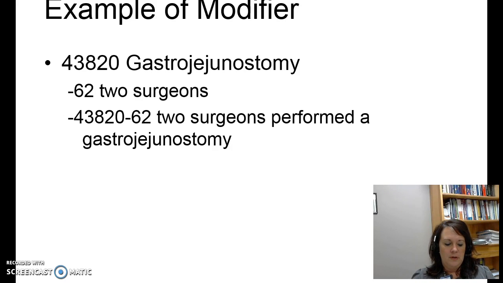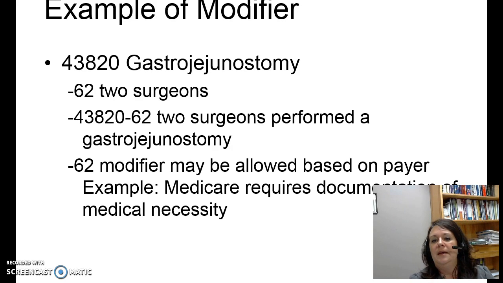Here's an example of a use of a modifier. It says a gastrojejunostomy in CPT is code 43820. Wouldn't you rather say 43820 than gastrojejunostomy? If you added a modifier 62 to it to say that we had two surgeons in the room working on the patient at the same time, your answer would be 43820 with a modifier 62 added to it.